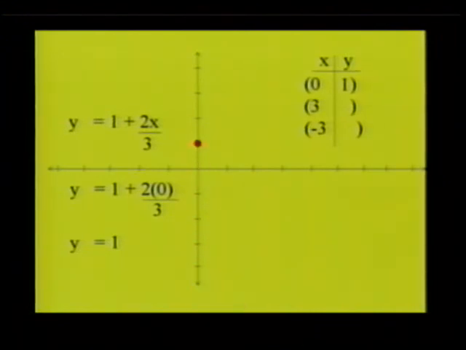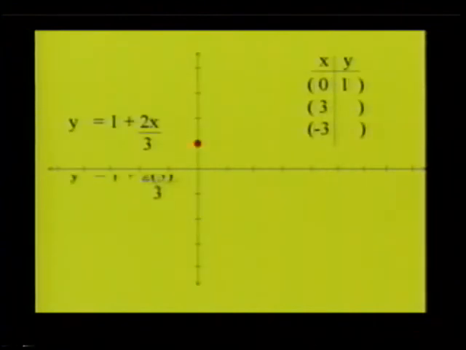I can plot that point. If I put in a 3 for x now, that'll cancel out. That's why I put in a 3. And the 1 plus the 2 will be 3, so I'll get out a 3. So I'll plot that point, 3, 3.